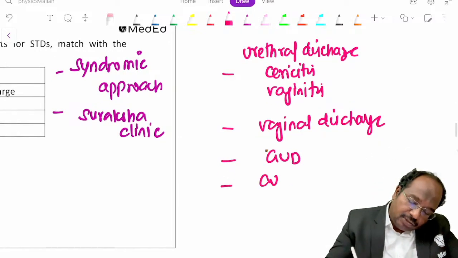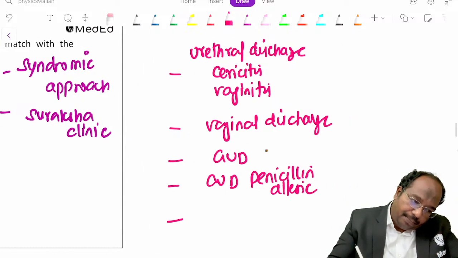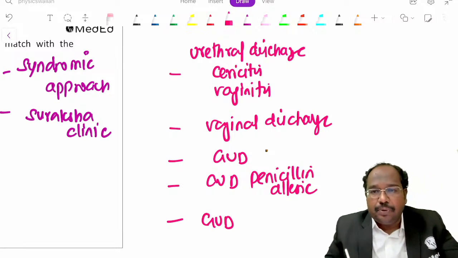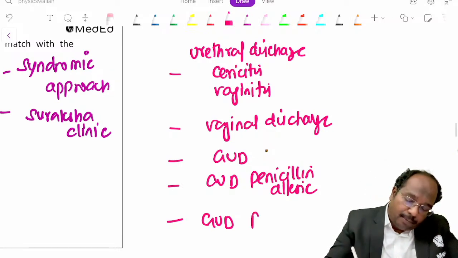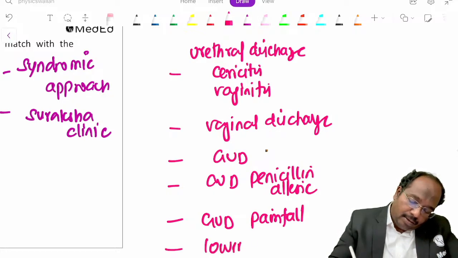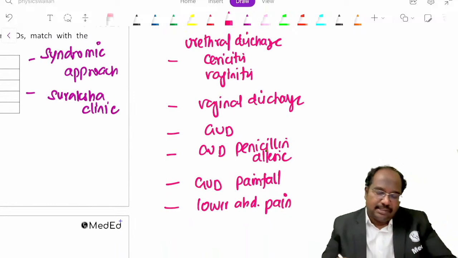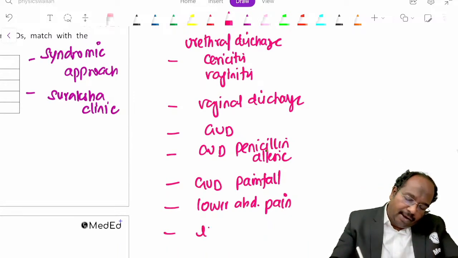Next is also GUD, but the patient is penicillin allergic. Again GUD. This GUD is painful, herpetic. And lower abdominal pain. This is a question asked multiple times recently, so you have to revise it, guys. And inguinal buboes.